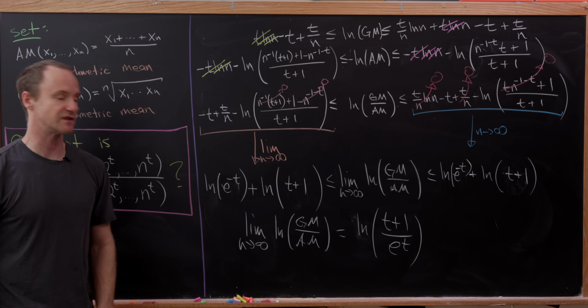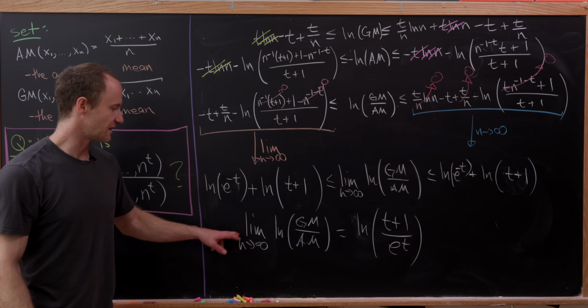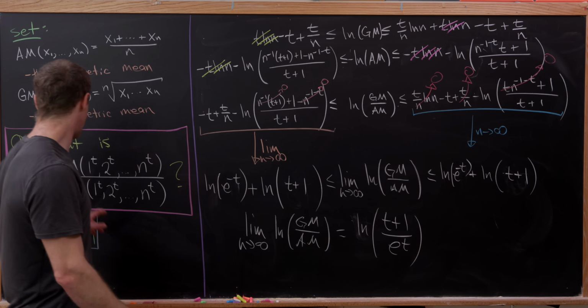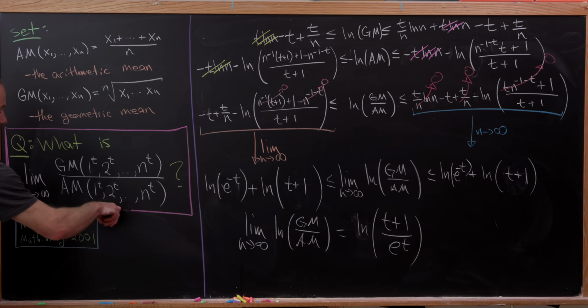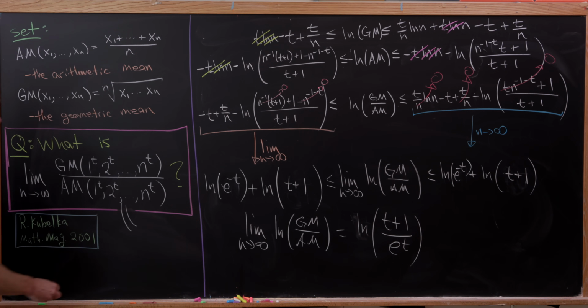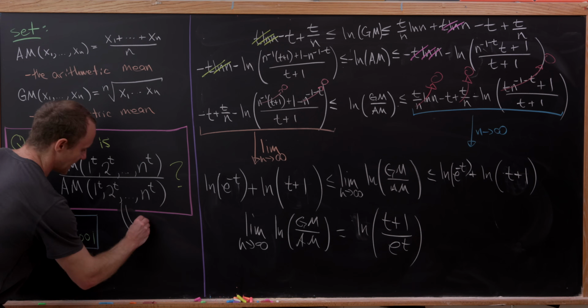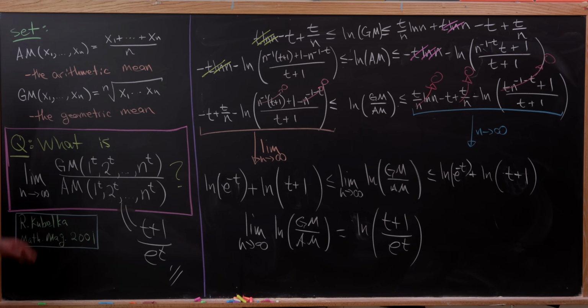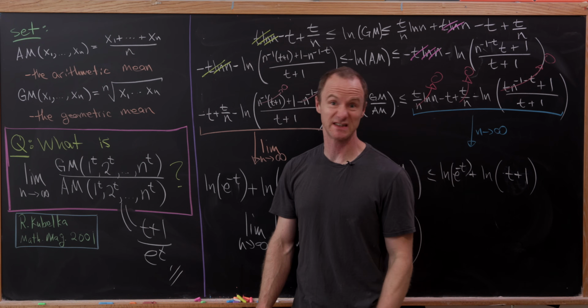Just again, pushing those together. But if the limit of the natural logs is equal to this natural log, then that means that the limit of our original question is the same thing without the natural logs. So in other words, t plus 1 over e to the t. And there we have it. We've just determined this nice limit.